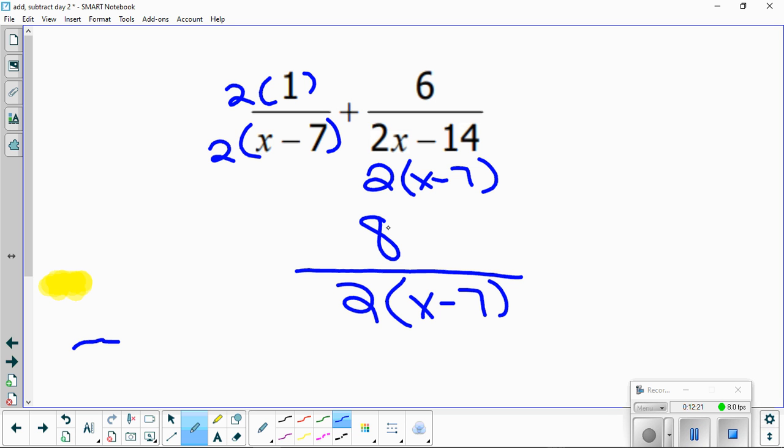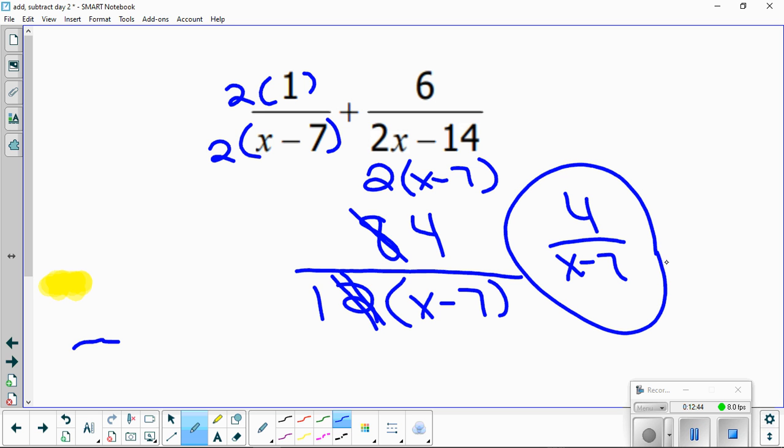But we know, because we're in Algebra 2 and I love canceling, that there's going to be some canceling, because it makes me feel like there was a reason I did all this work. So I'm going to cancel. 8 can be divided by 2, and 2 can be divided by 2. So my answer is 4 on the top, x minus 7. Can I see a wiggle of fingers of my friends who got there? Yeah? You're getting there? I'm getting there.